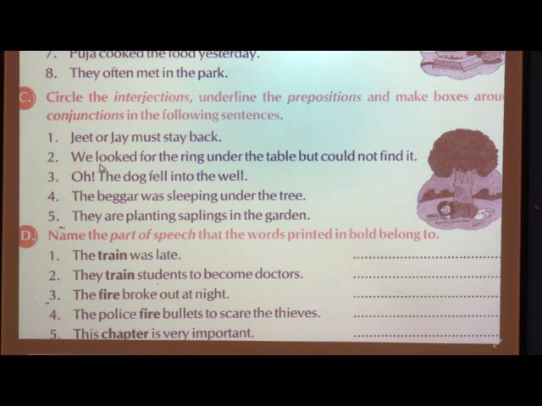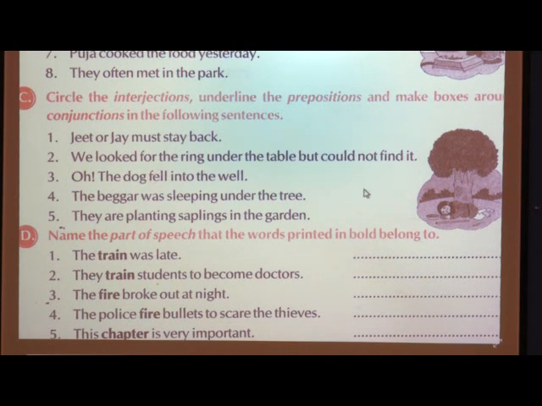Second one, we looked for the ring under the table, but could not find it. Now, what have they given? See, we looked for the ring under the table. This is one sentence. We looked for the ring under the table, but could not find it. And if you see, the other group of words is what? Could not find it.